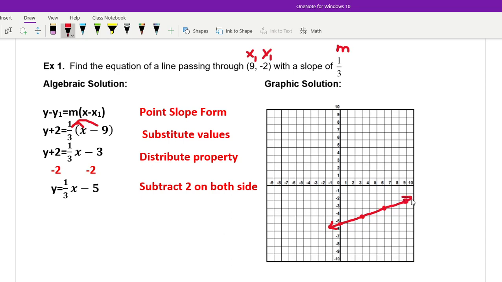We have no limits to this, so that means that this is going to be a continuous function. That means it includes every value in between the points, not just the points that I plotted. And then the arrows show that it can continue on in both directions. If I wanted to, I can go down 1 over 3 again to get another point placed and extend the line even further.